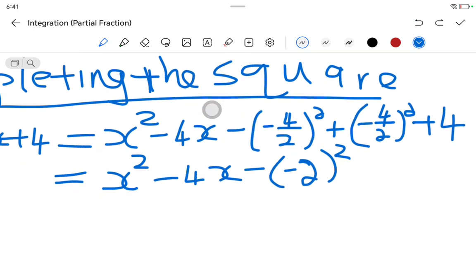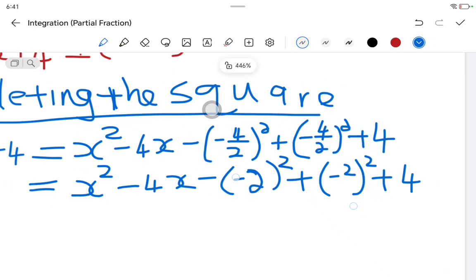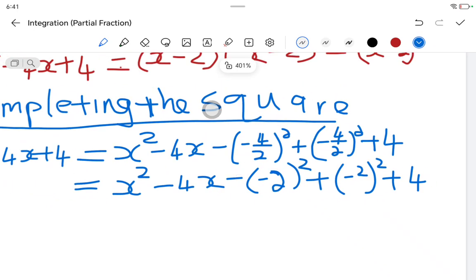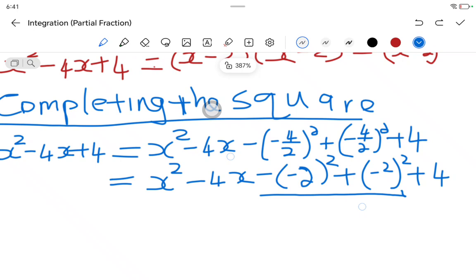Let's focus on that first, then we'll come back to that. Minus 2, right? Like this. If you check here, this one will give us a 0 if I expand it. Do you agree with me there? And it will take us back to the original one. You see this, right?